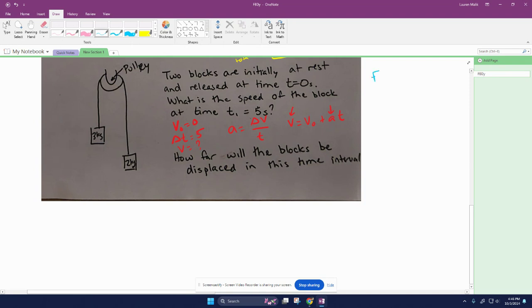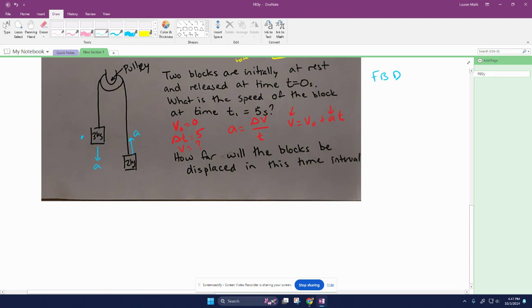So when we're talking about Newton's laws and forces, remembering our steps, we want to start with free body diagrams. And so this 3 kilogram mass. Well, if I have 3 kilograms here and 2 kilograms here, first I'm going to ask myself, what do I expect to happen? I expect this mass to accelerate down, and I expect this mass to accelerate up.